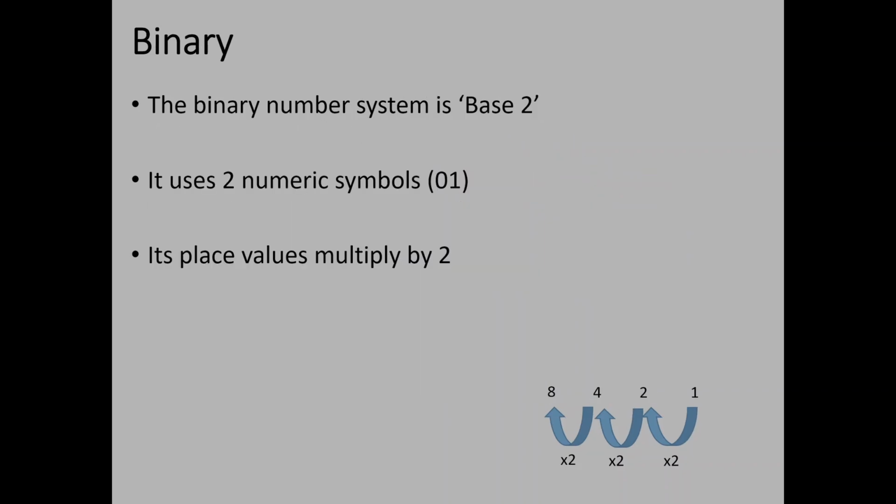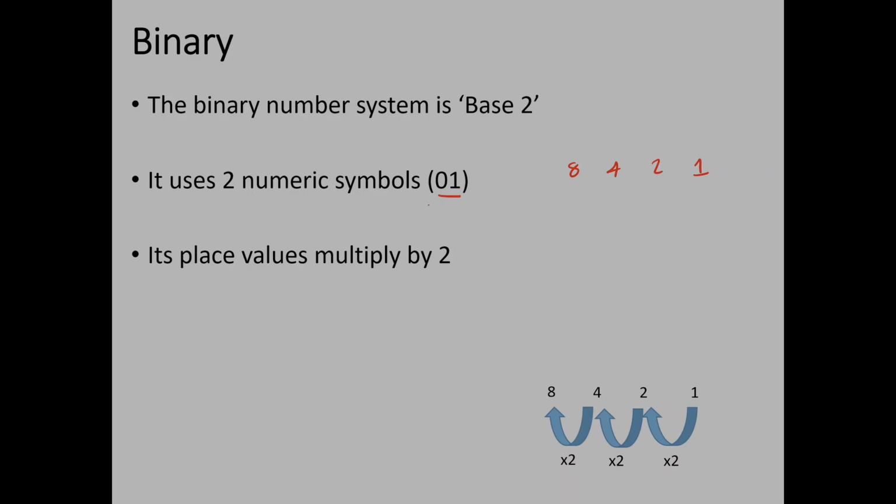Next up is binary. So instead of base 10, we move back down to base 2, which means we can only use the first 2 symbols in that number system. So instead of the place values being multiples of 10, because this is base 2, we multiply them by 2. So 1 times 2 gives us 2, by 2 gives us 4, by 2 gives us 8, and you can carry this on.